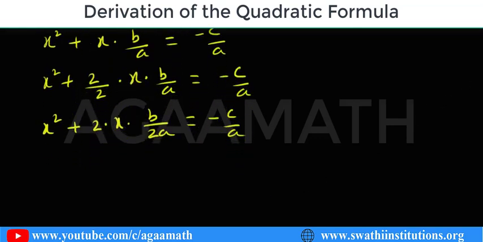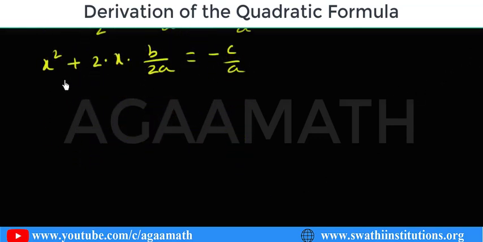Now observe carefully, it was already formed like a square plus 2ab. We knew b. With this observation we understood that b is nothing but b by 2a. So add b by 2a whole square on both sides.